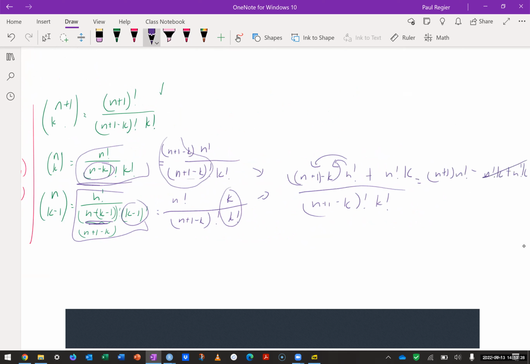So those cancel. And so now, after doing arithmetic, that's the same thing as n plus 1 factorial. So the sum of these two is the same as the left-hand side.